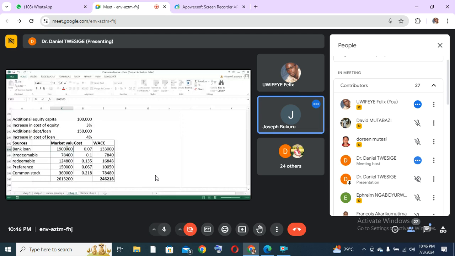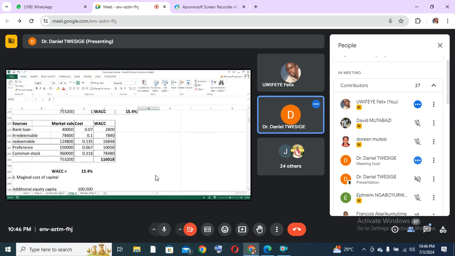Put formula, please. For bank loan, it will be 40M plus 150M. Let me leave it.